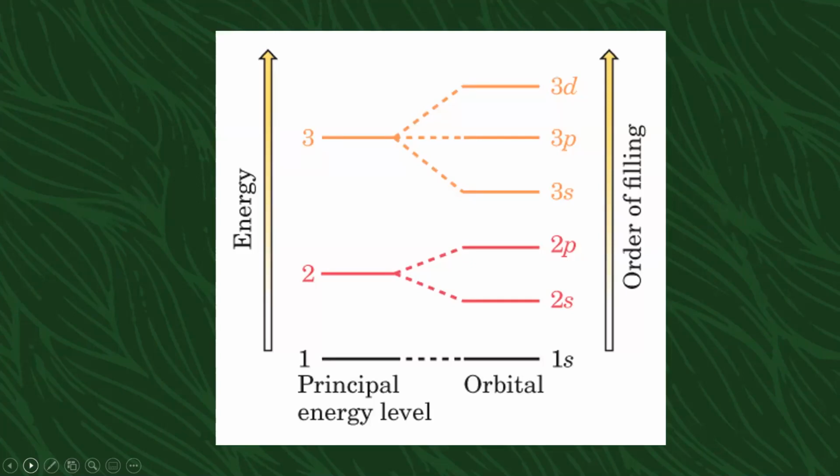This is what we were talking about a while ago. We are concerned primarily with the elements of the first, second, and third periods of the periodic table. Orbitals in these elements fill in the order 1s, 2s, 2p, 3s, 3p, and 3d. This is what is stated in rule number 1.